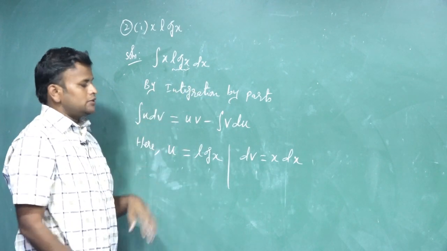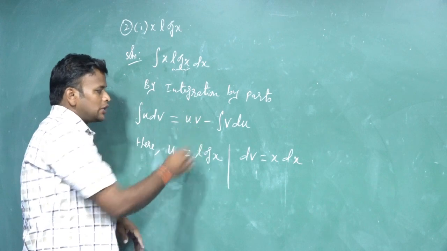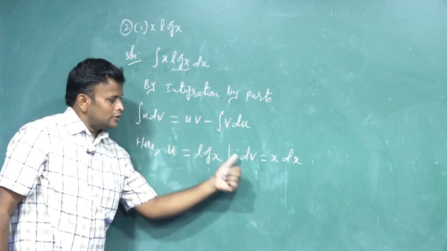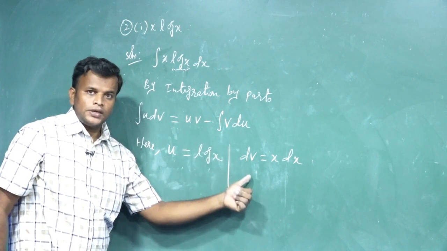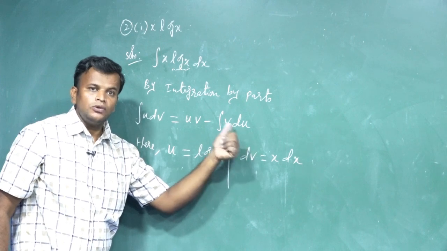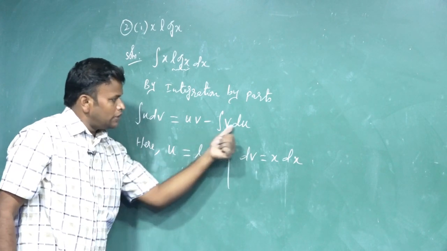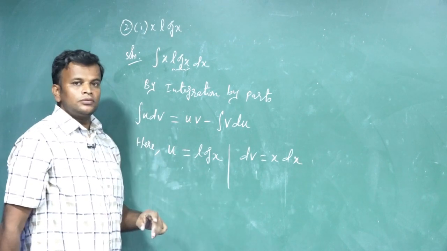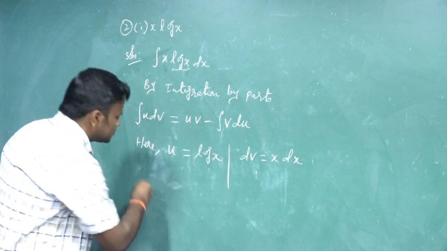Now we find the RHS. What terms are required? u and v. u is already there. For v, we integrate dv. For integrating v du, we need du, so we take the differential of u.